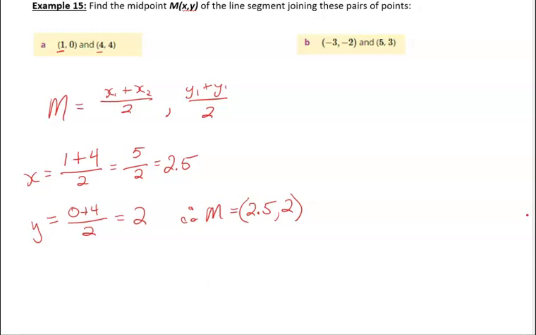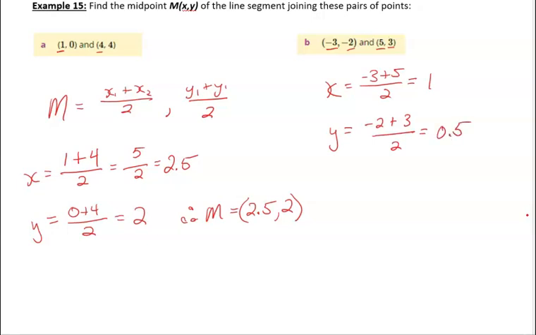For this one, we do the same thing. To work out x, I do the average, or the mean, -3 plus 5 divided by 2, and if you looked on a number line, you'd see too that it works out as 1. So that's our x-coordinate. Our y-coordinate is the average of -2 plus 3 over 2, and that's going to give us, in this case, 0.5 or half.